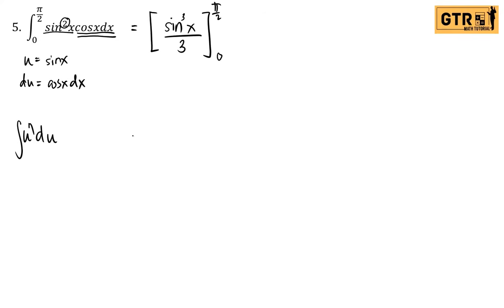Now let's just substitute the limit. We have sine of pi over 2, which is equal to 90 degrees. So we have sine cubed of 90 degrees over 3 minus sine of 0 degrees, 0 radians, still 0 degrees, over 3.